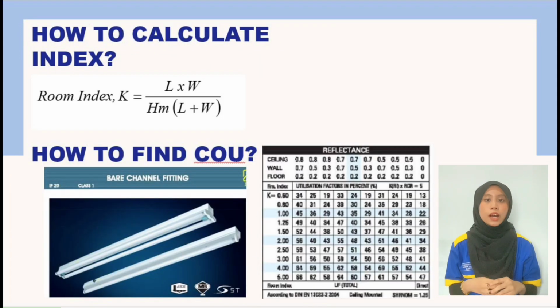For COU, I find the value of COU from the datasheet of the lamp that I use in this design. For this tempat duduk lelaki, I use the bar channel fitting. We took from the highest reflection and from the room's index. For this room, the room index is 0.17, so we took the nearest value, that is 0.6, so the COU is 0.34.